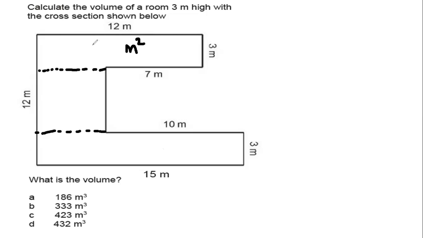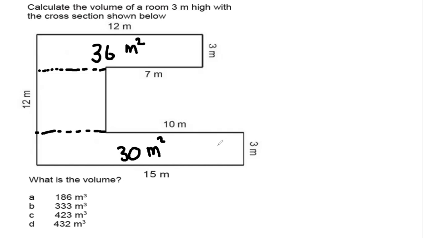All right, 36. Thank you. And then down here, it's length times width. So what's 10 times 3? 30. Right, that's 30 meters squared.